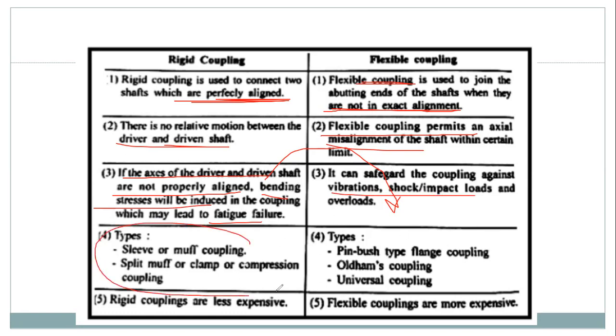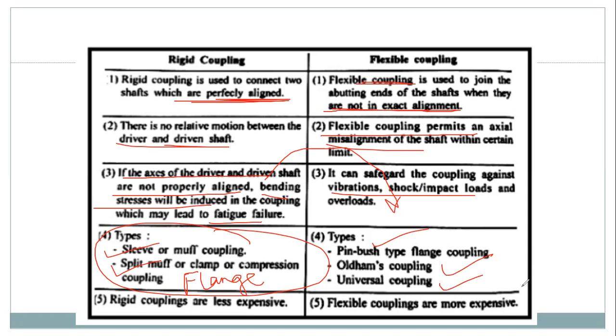Types you have already seen. I'll again mention here. Muff coupling, also called sleeve coupling, split muff coupling, clamp coupling or compression coupling, and flange coupling. Three types of rigid couplings are there. While this is bush pin type flexible coupling, also called pin bush type flexible coupling, Oldham's coupling, universal coupling.